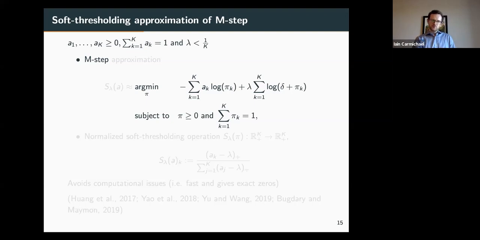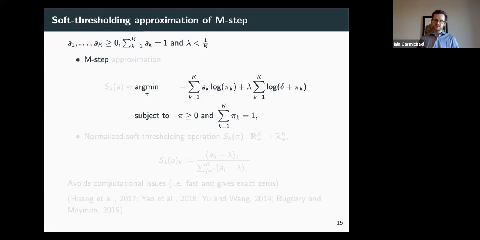Right here I've written out the M step that you get if you use that log of delta penalty. It's minimize the sum of a_k, which are just some constants that come from the expectation step, times log pi_k, plus a penalty on the sum of the log of delta plus pi_k, subject to our probability constraints.